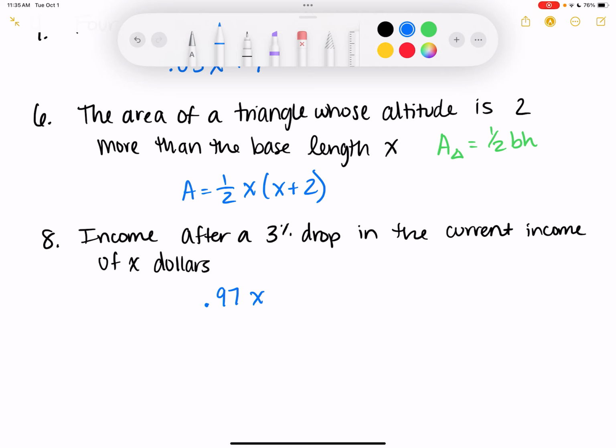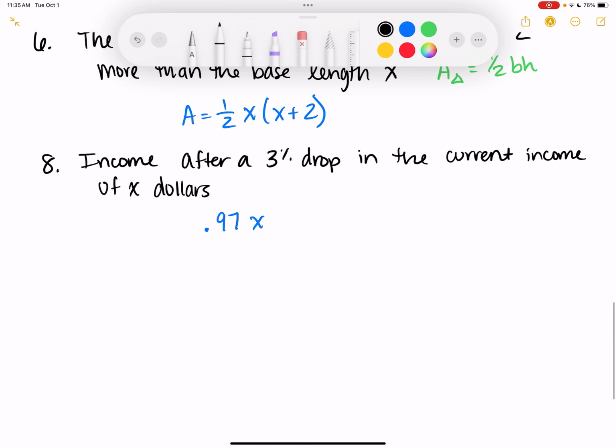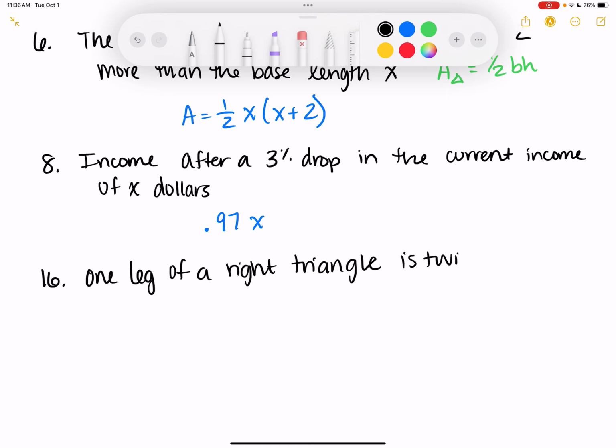Okay, the next ones say to write the specified quantity as a function of the specified variable. It will help in each case to draw a picture. So number 16 says, one leg of a right triangle is twice as long as the other.